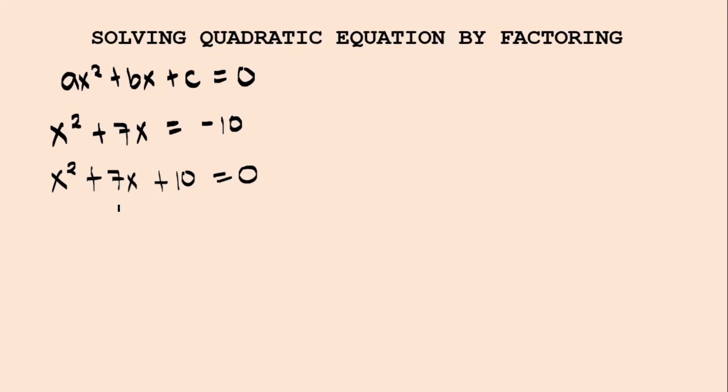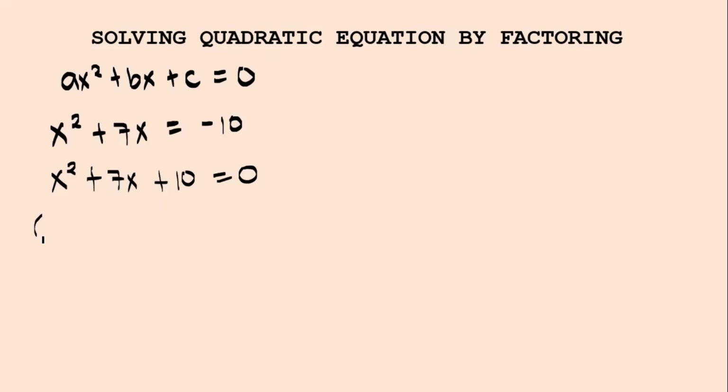Okay, so next, we need to factor the left side, okay? We need to factor the left member. So, kailangan natin i-factor tong x squared plus 7x plus 10. So, paano ba natin i-factor tong trinomial na to?